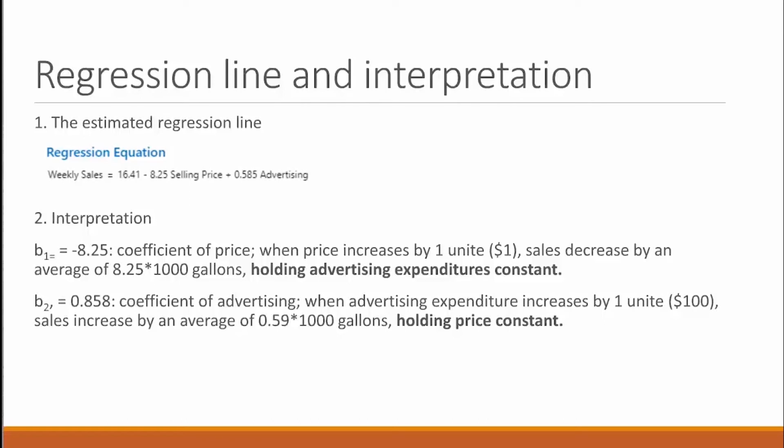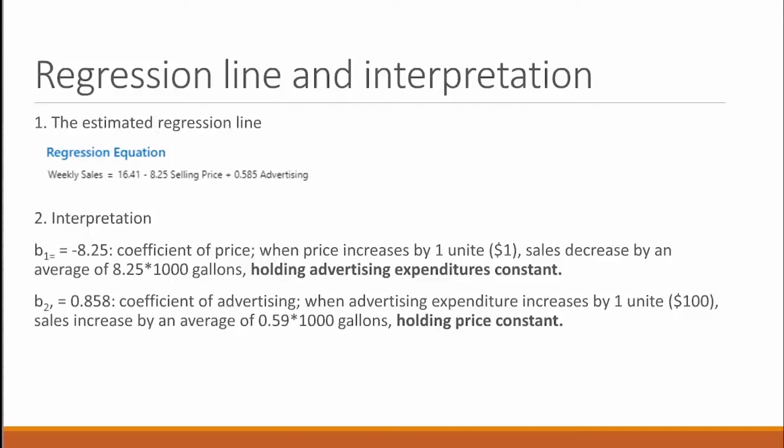When we change one x variable, we do want to mention that we are holding the other x variable, or all other x variables, constant, and that is super important. We don't want to change all x variables at the same time.